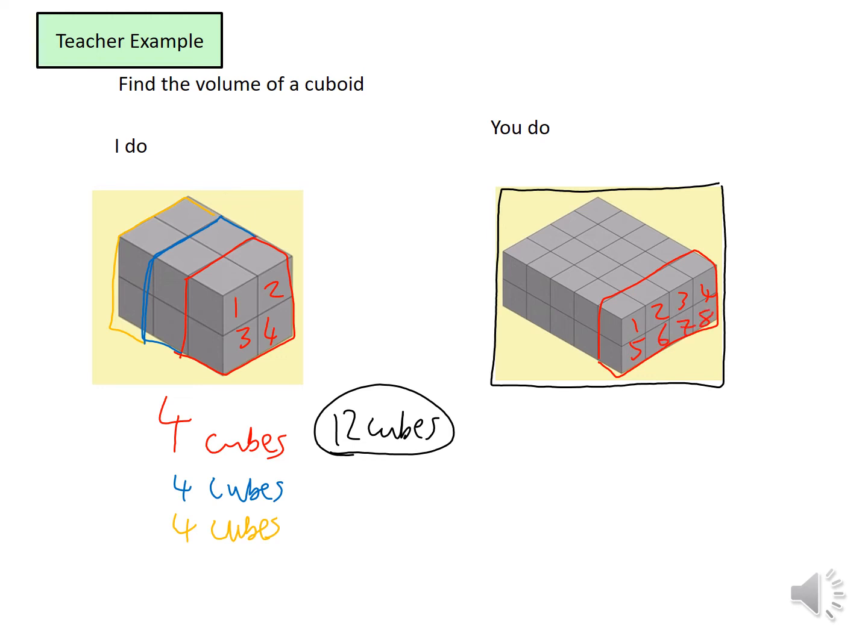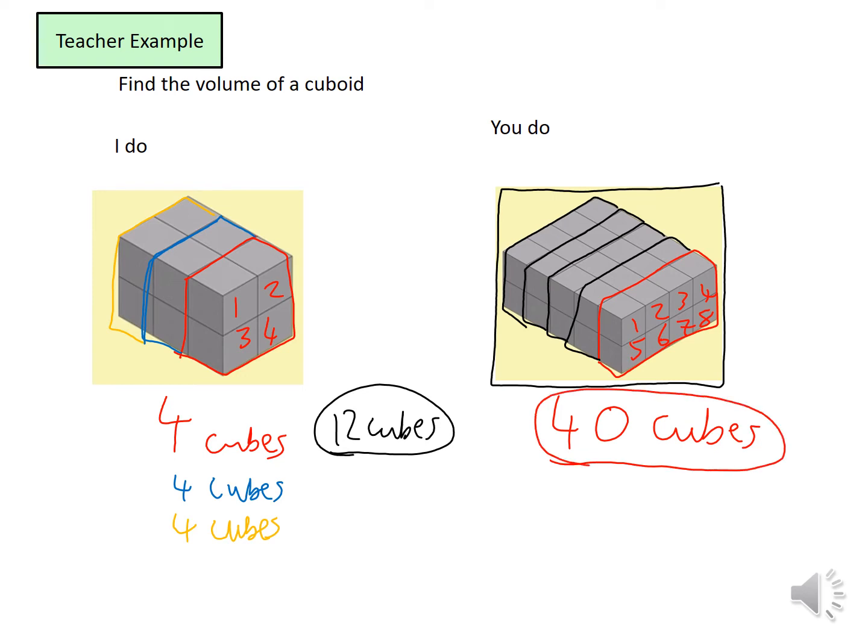Now how many of those sections or areas do we have? We have another one here, another one there, another one there, and finally we have one here. So if we add these all up, we should have 40 cubes.